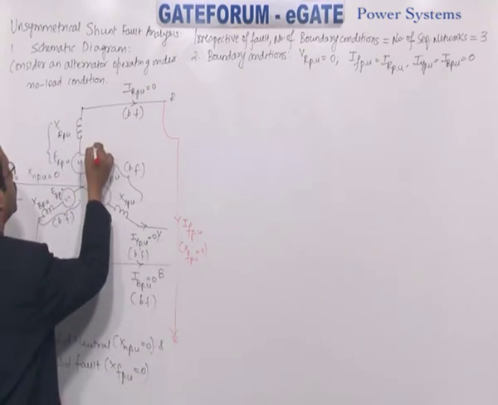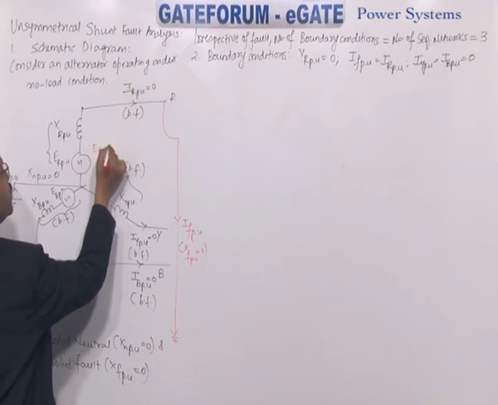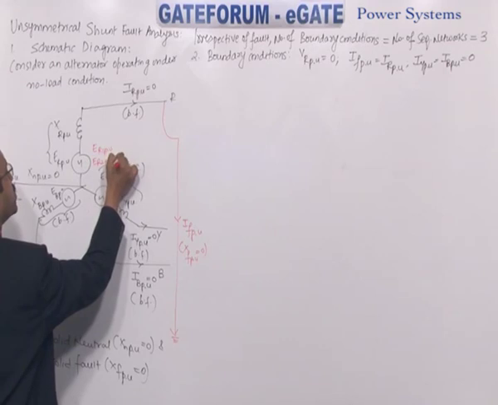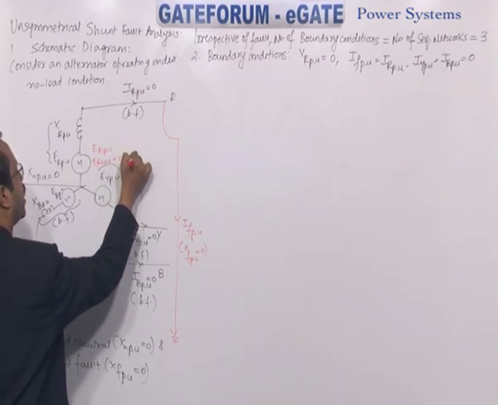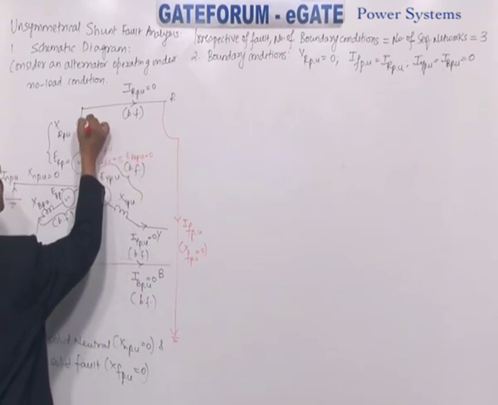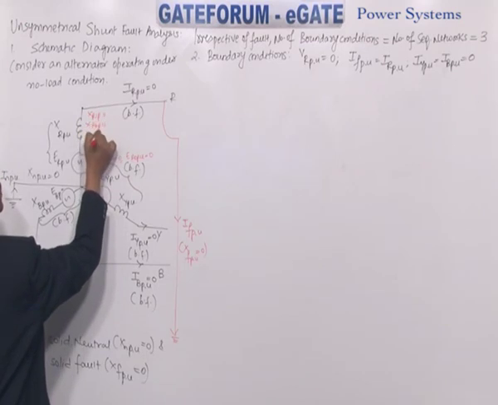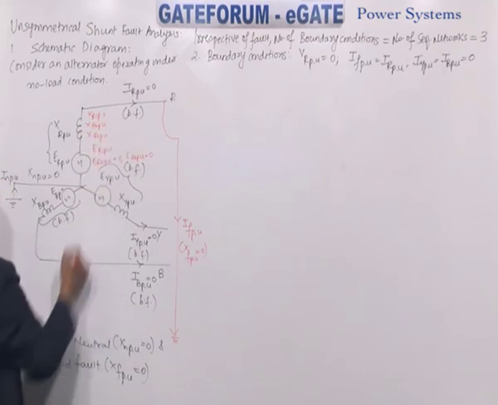So ER can be represented by symmetrical components: ER1 per unit, ER2 per unit 0, and ER0 per unit is also 0. What about XR? Symmetrical components XR1 per unit, XR2 per unit, XR0 per unit.